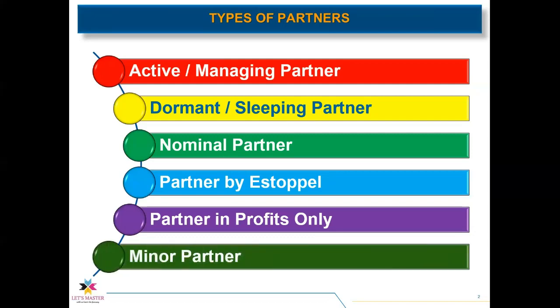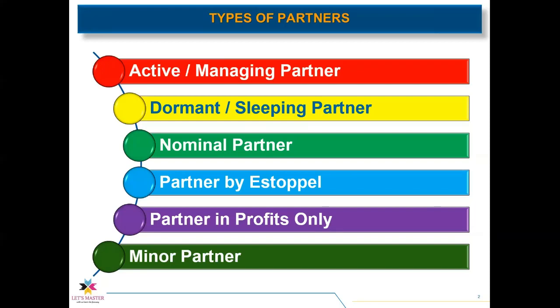Then minor partner. Life is very uncertain, and there may be circumstances where a partner, say for example, expires. And now the other partners decide that someone from the family of the deceased partner should be introduced as a partner in the partnership firm.